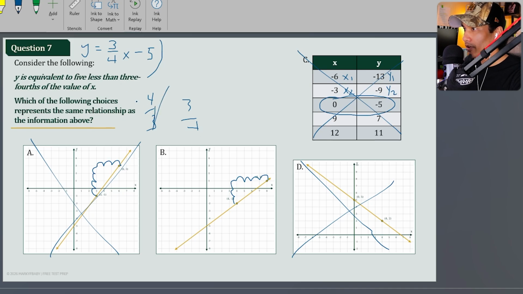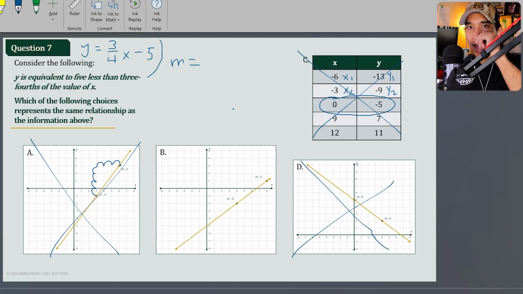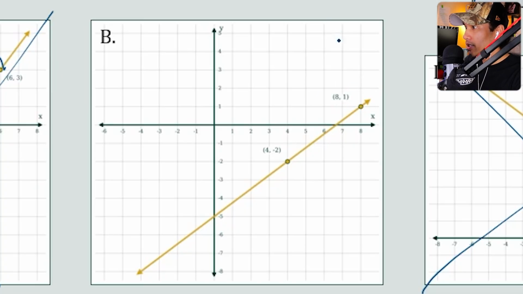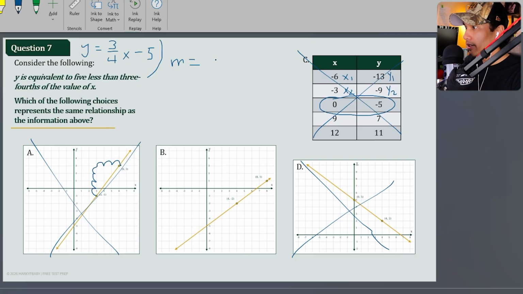But let's go a step further, okay? I want you to get used to doing this, where I have m equals y2 minus y1 over x2 minus x1, which is the change of y over the change of x. So in this graph, I have 8, 1. So I'm going to make this 1 the y2. So 1 minus, and I'm going to make this negative 2 the y1.